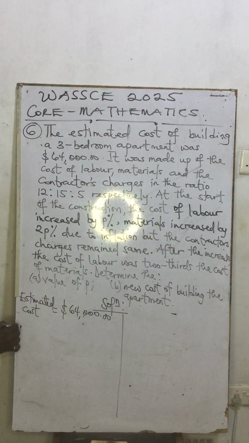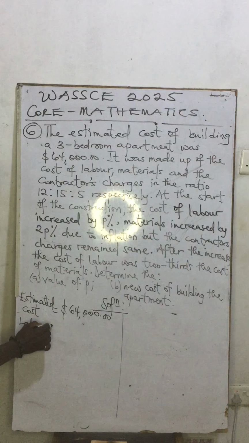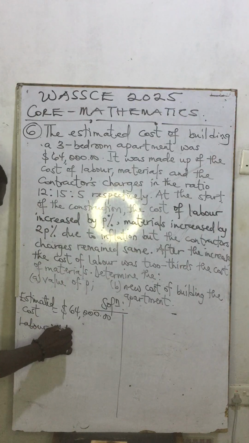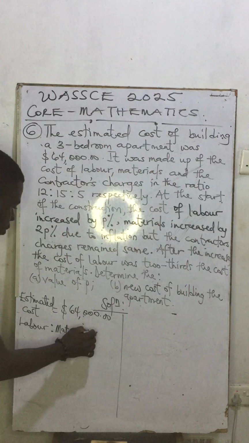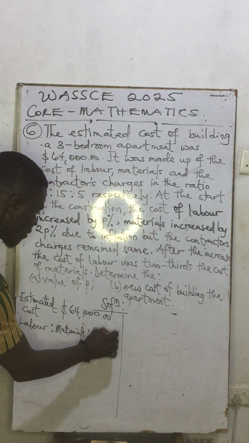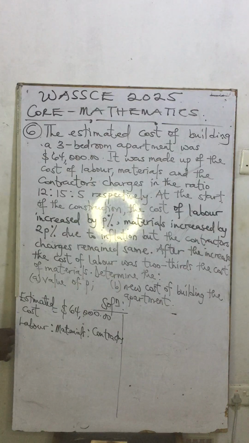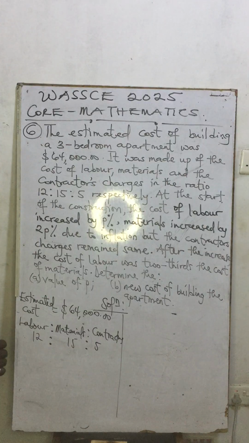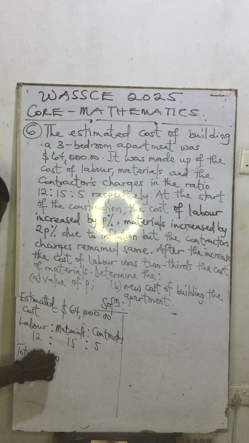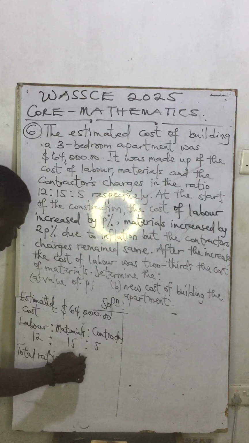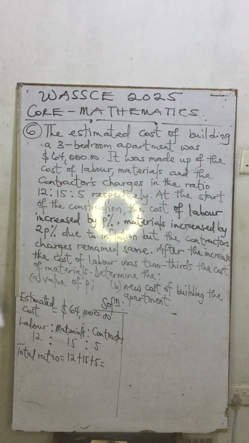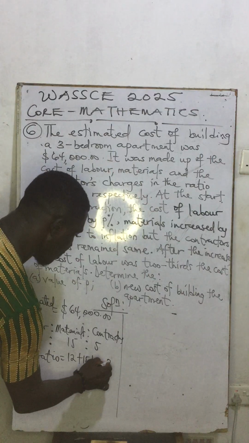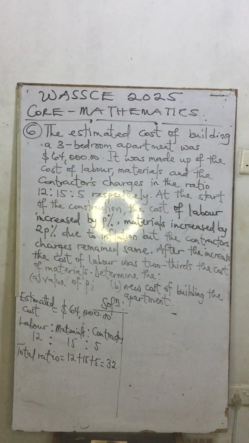So we have labor to materials to contractor's charges, which is 12:15:5. Now we can get the total ratio, which is just 12 plus 15 plus 5, and this is equal to 32.